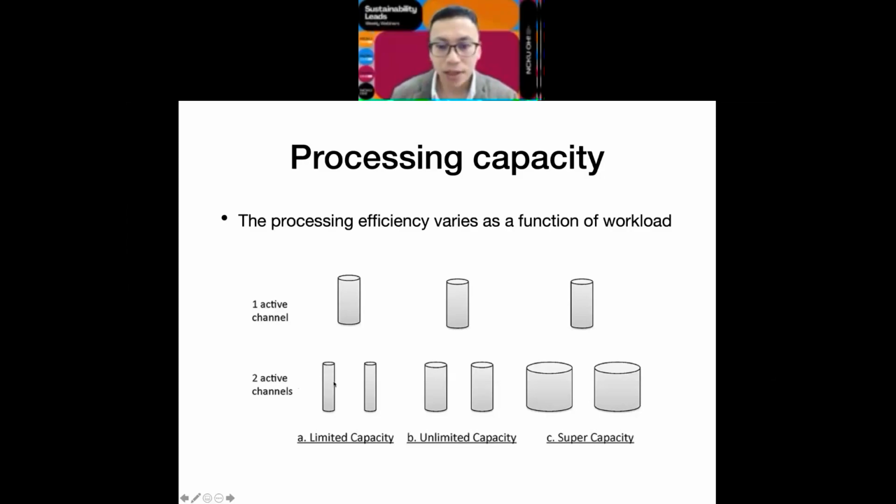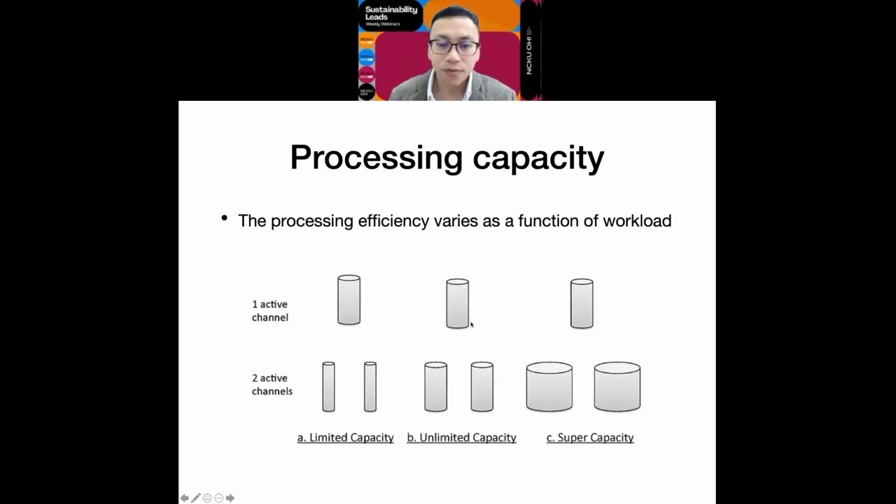If you have limited capacity in processing information, then the capacity here would be half of the processing capacity. If you don't have enough capacity, you will be limited in processing the information.